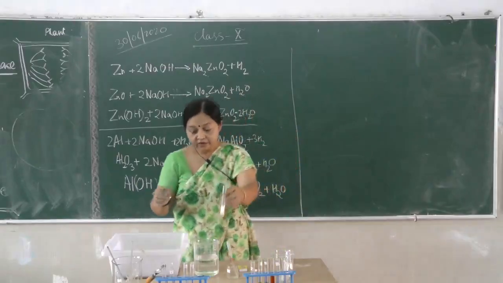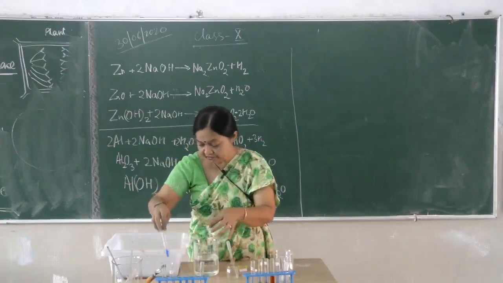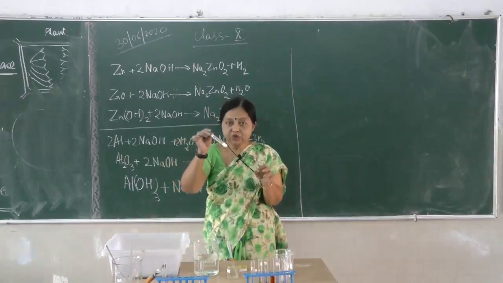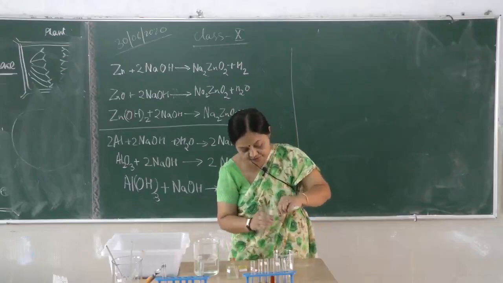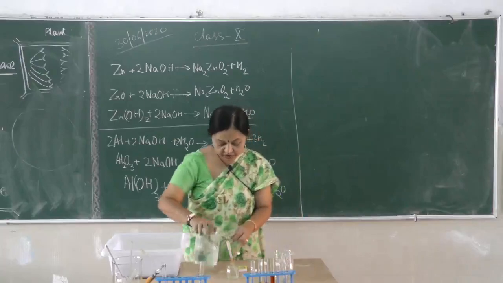Now, wait, I will show you side by side so that it will be very clear. And this is zinc sulfate, Zn2+ ions. Now the Zn2+ ions also we dissolve in water. An aqueous solution has to be taken.